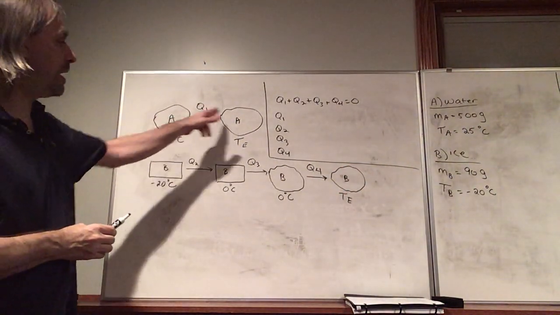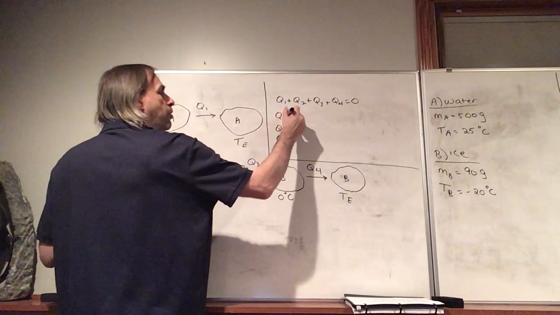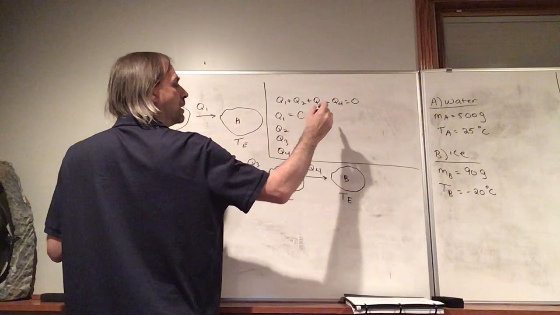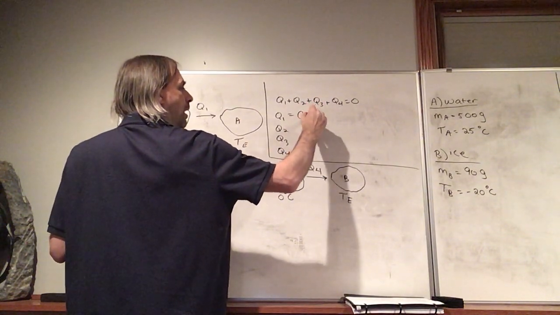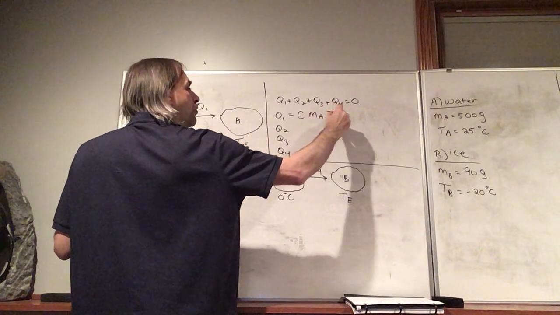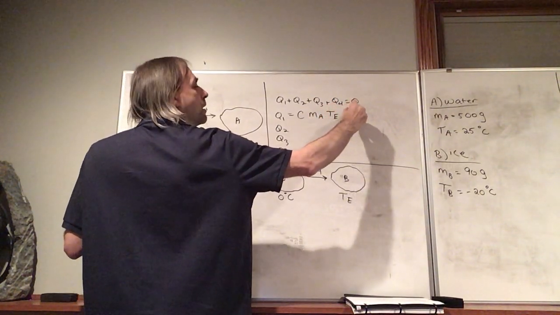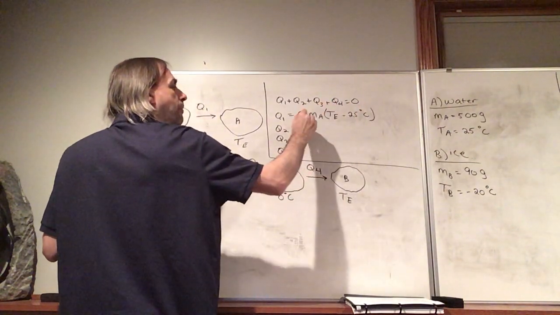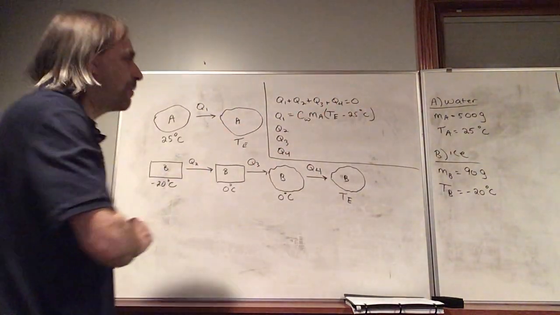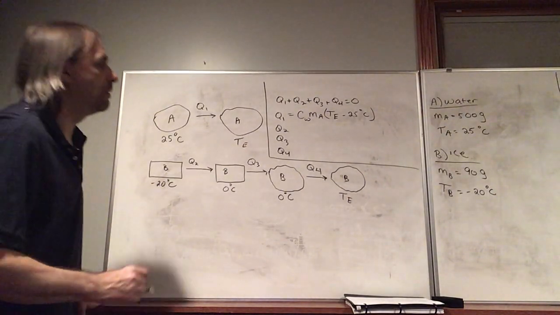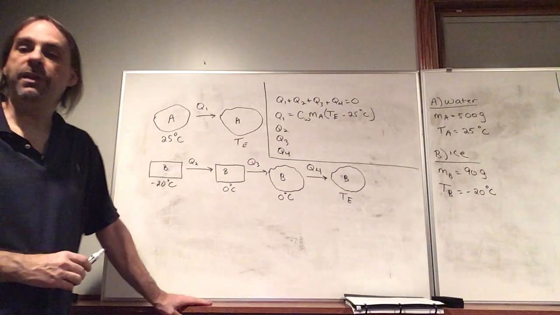So again, look what's going on with Q1. This is a temperature change. So we have C times mass of A times delta T, which would be TE minus 25 degrees Celsius. That's delta T. Now I'm going to write a W here, because we want to remind ourselves that we have two specific heats.